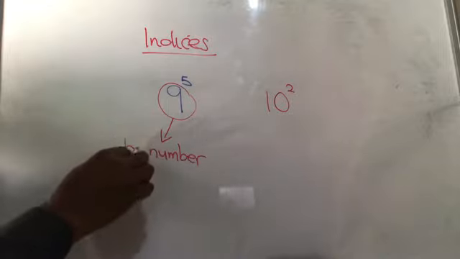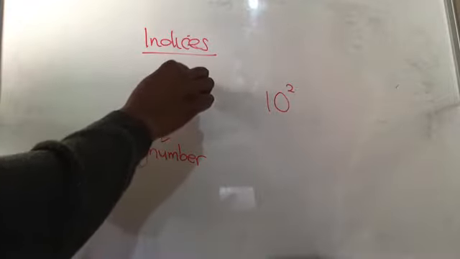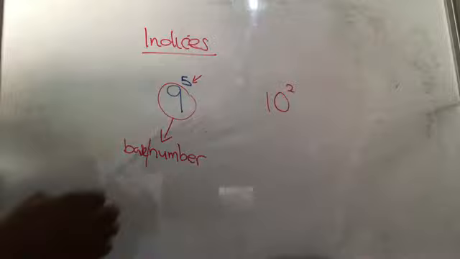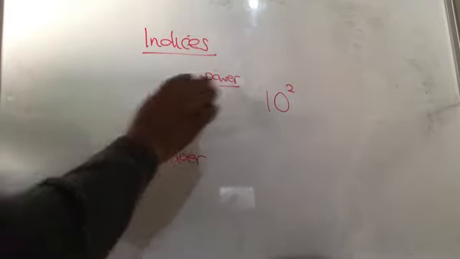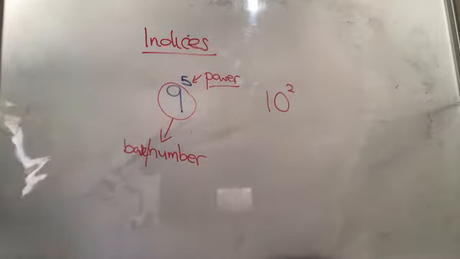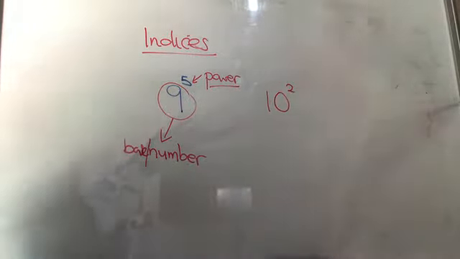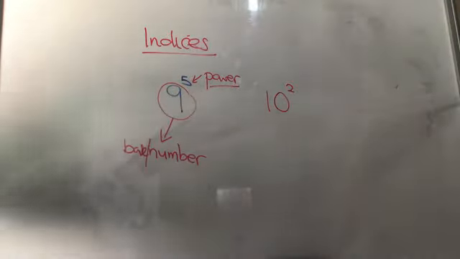And this number 5, the 5 that is at the far right corner of 9, is what we call the power. So this is a typical index. So these are indices, and singular is just an index.